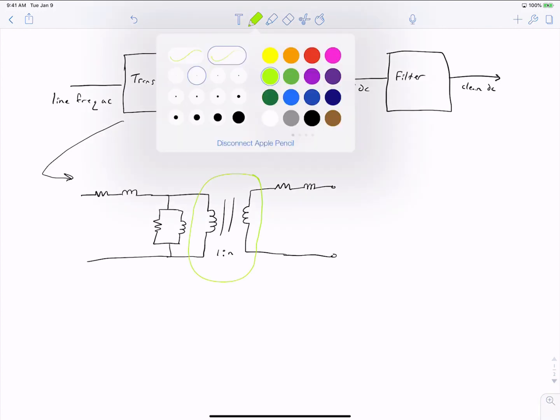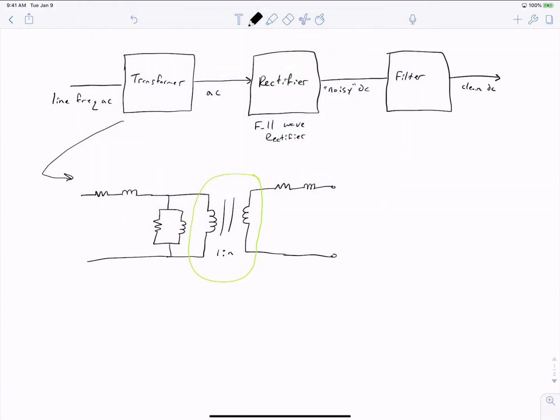And what is going on in this section? Well, we can view this as being a combination of a dependent current source and a dependent voltage source. If the voltage that we apply on the primary side is V primary, on the secondary we have a voltage source that appears as N times V primary, where N is our turns ratio of 1 to N. On the primary side, we then notice an induced current, and this current is N times I secondary.